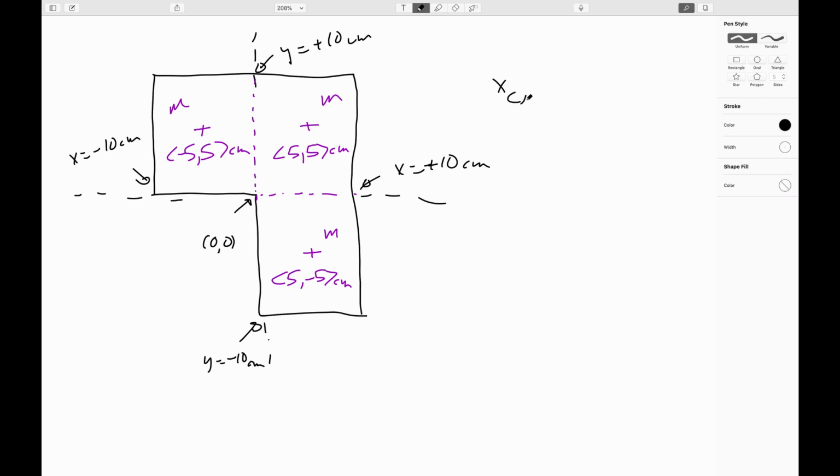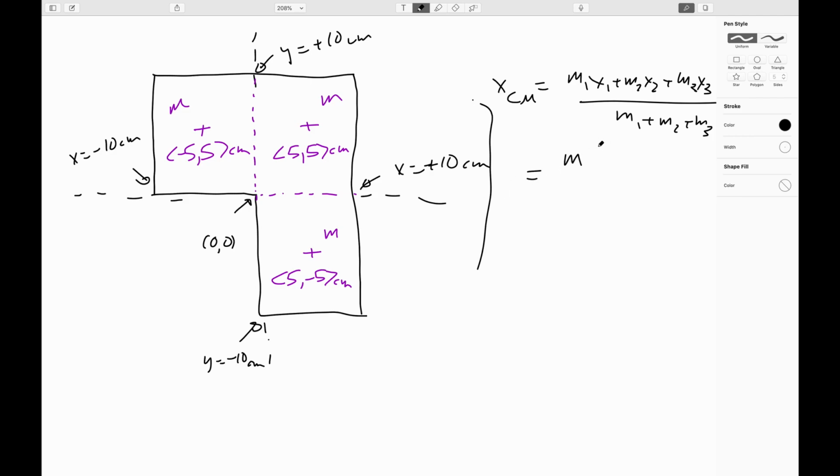You can say that the x coordinate of the center of mass will be m1x1 plus m2x2 plus m3x3 over m1 plus m2 plus m3. All right. So all of our masses are just m. Don't worry, it'll cancel.